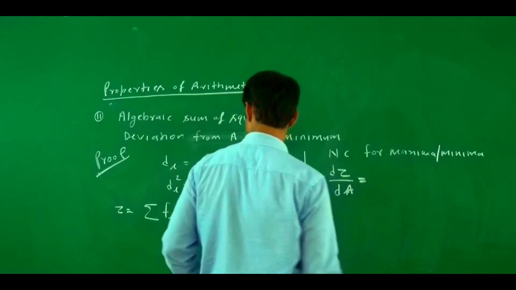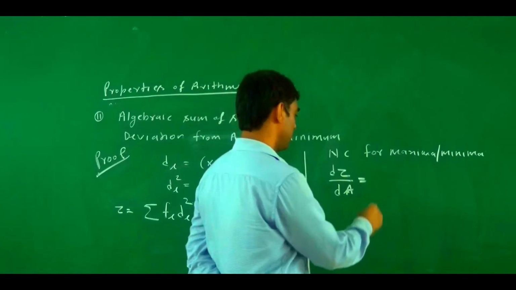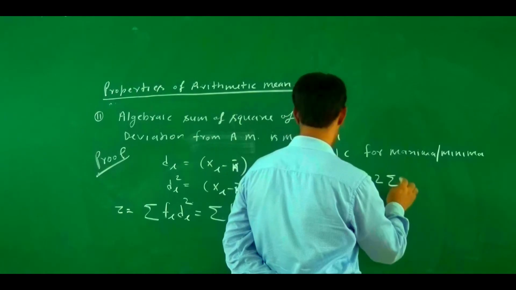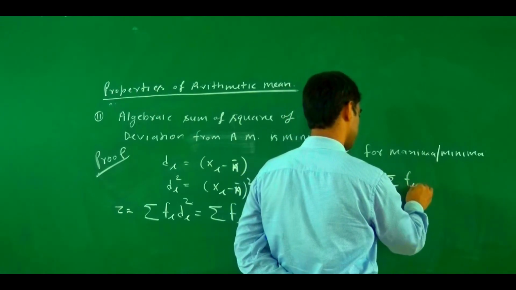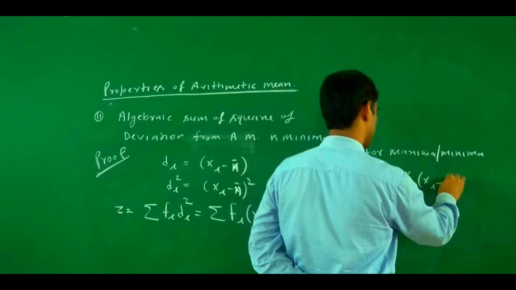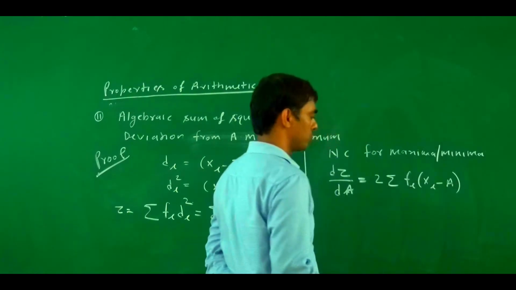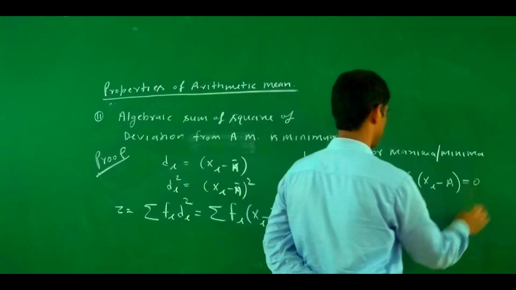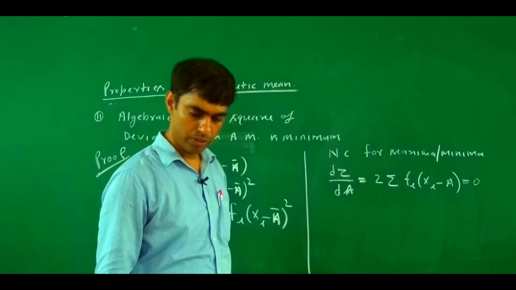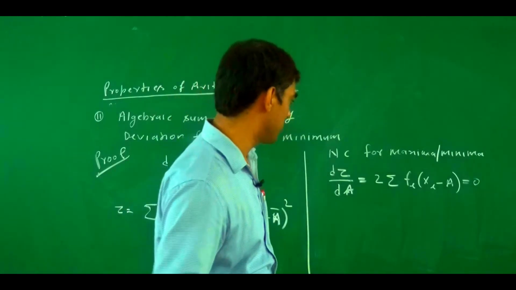dz upon dA equal what? 2 times of summation of fi, xi minus A. This one equals 0. So if we simplify this one, then what is the value?